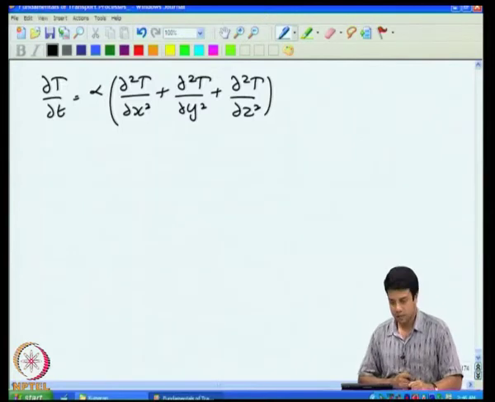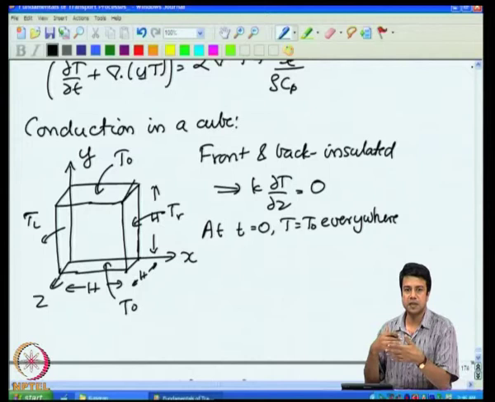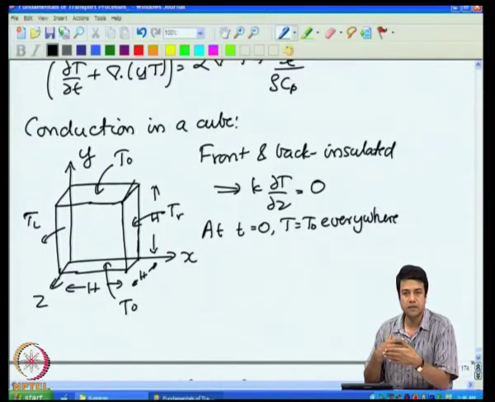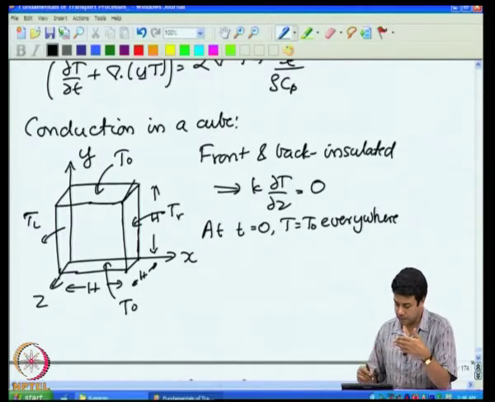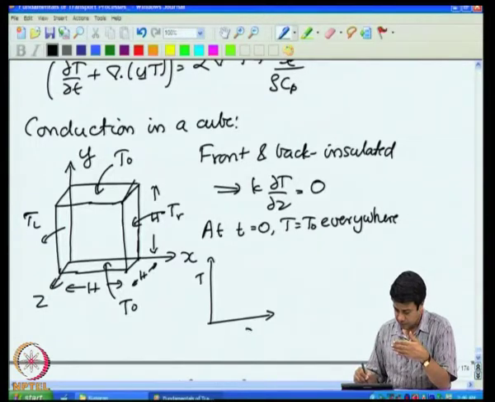Note that the front and back faces are insulated. That means that k times dT by dz is equal to 0 on the front and back faces. That means that if I plot the temperature as a function of z along the cube from 0 to h, the slope is 0 here, the slope is 0 here.